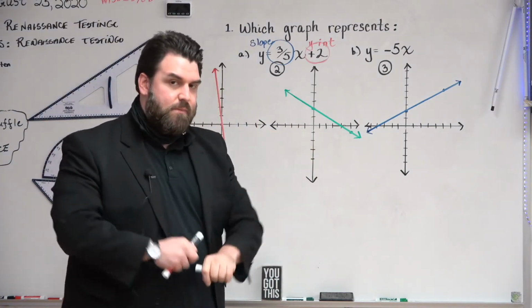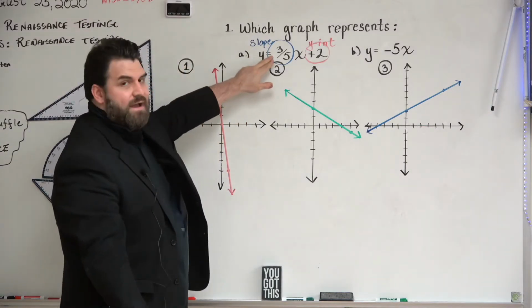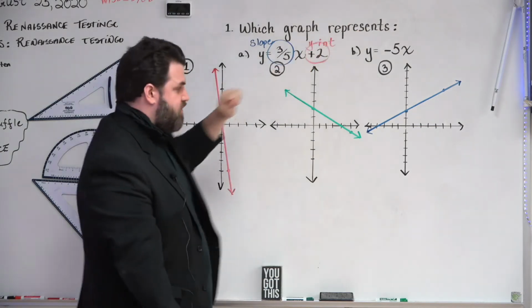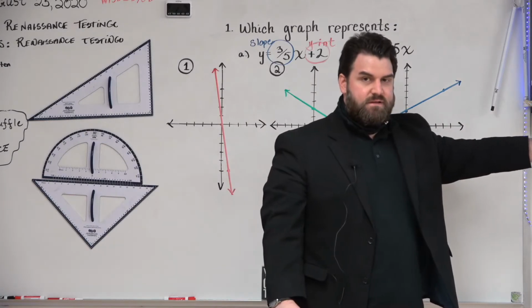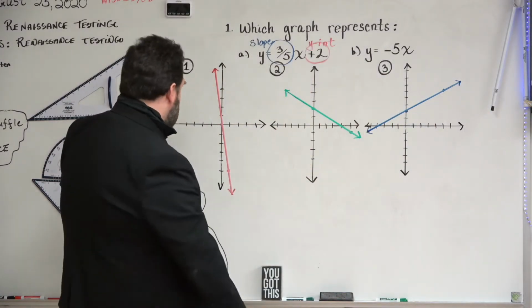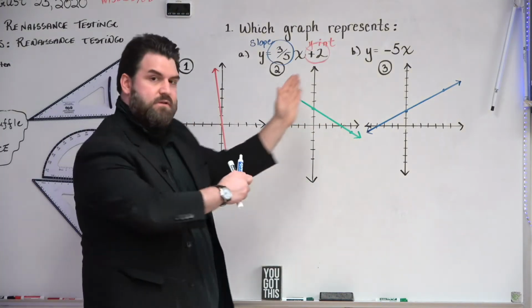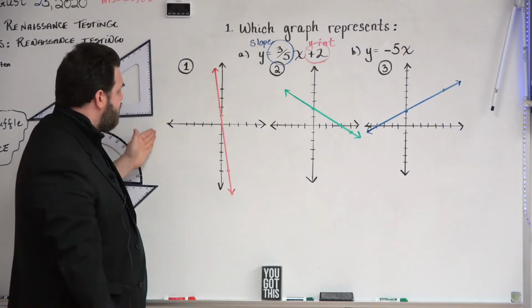Now, here's something to remember. Any positive slope is going to move up as you travel from left to right. Just think about how you read a page of text. You read from left to right. That's how you read a graph, from left to right. So let's read this graph from left to right.